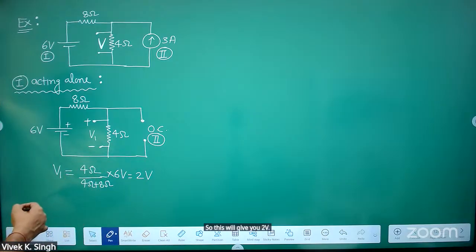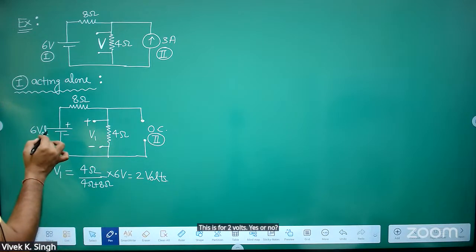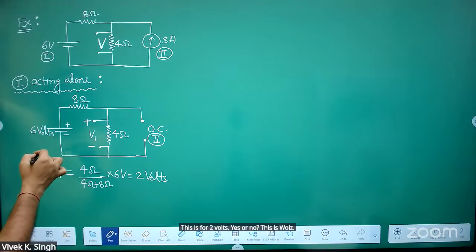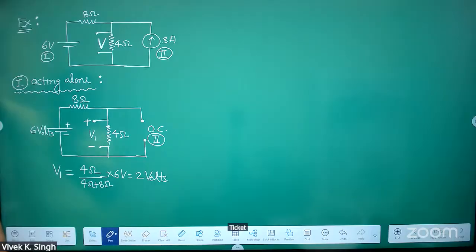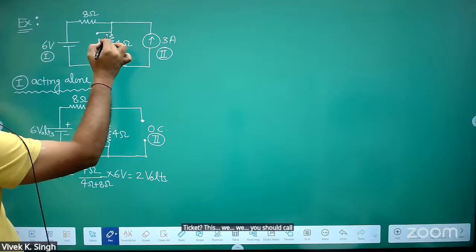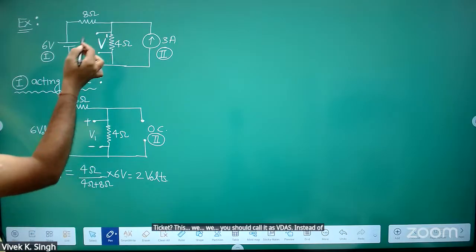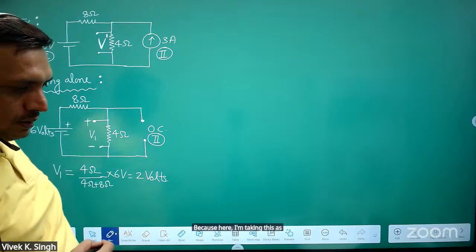Is it clear? This is for 2 volts. Okay? This V, you should call it as V dash. Instead of V, let's call it V dash, you have to find, because here I'm taking this as 6 volt.